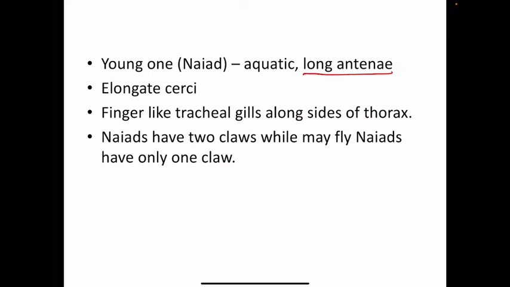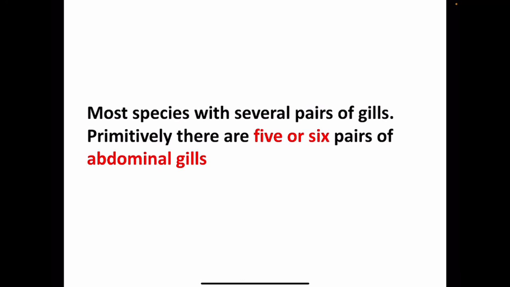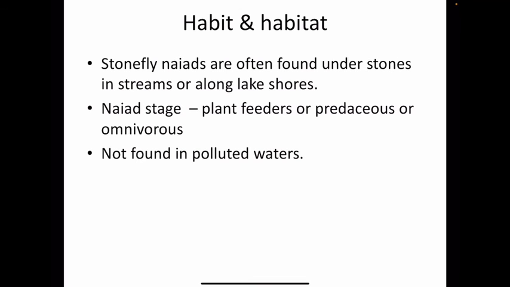They have long antennae, elongated ocelli, finger-like tracheal gills alongside the thorax, and most species have several pairs of abdominal gills also. Primitively, they have 5 or 6 pairs of abdominal gills. And the metamorphosis is simple type.